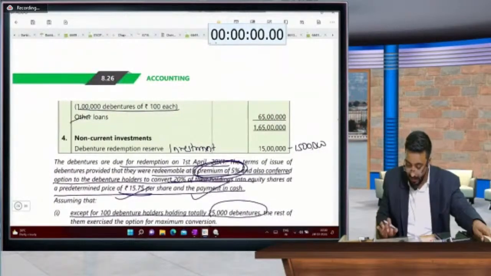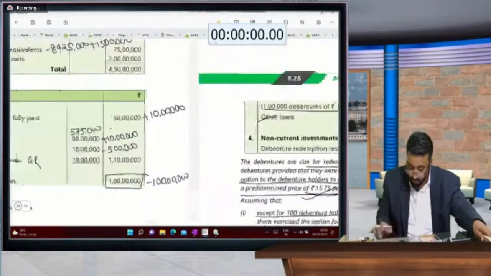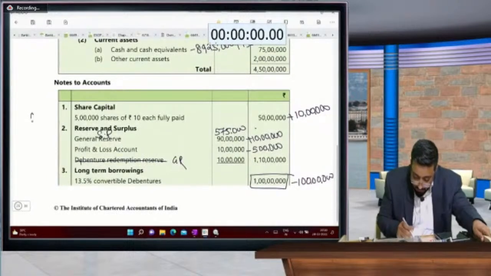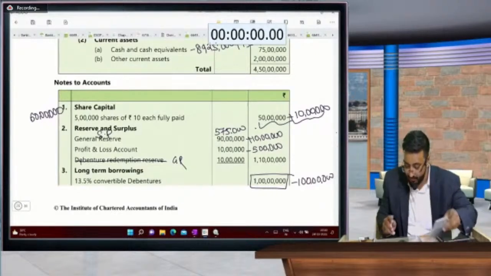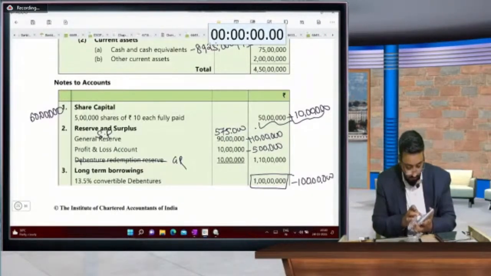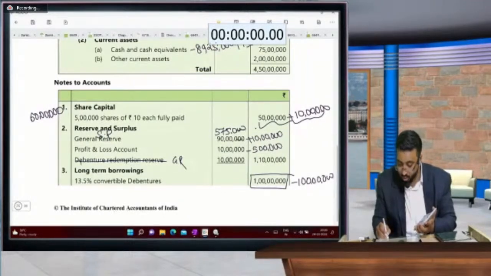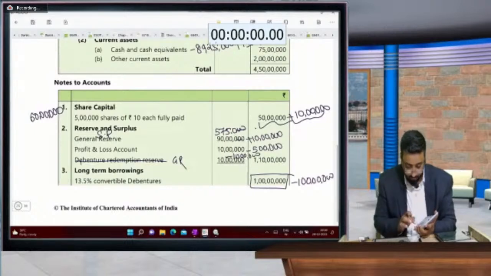Other loans will be as it is. Okay. So now your share capital is 60 lakhs. You can write 50 lakhs plus 10 lakhs. Yes, take it on the calculator. Security premium 575 plus 9,000 of general reserve. Last 3 zeros you don't take. Plus 1,000 plus 1,000 minus 500. And this 10 lakhs is already cancelled, so 0.